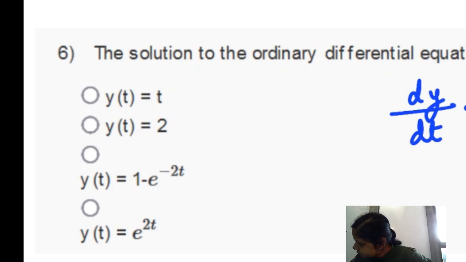So in our case it is e to the power integral of 2 dt.